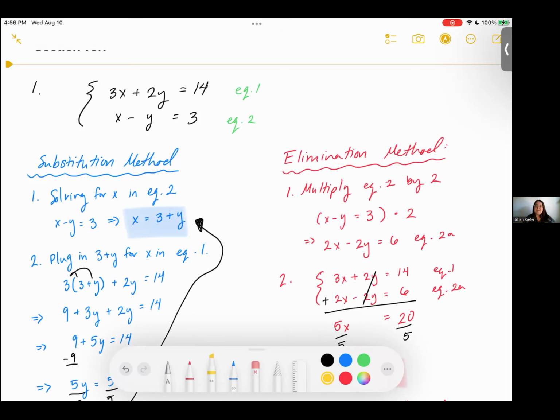The more practice you get, you'll end up figuring out which one you like more. Personally, I choose the elimination method, but I've used it a million times. So that's why I typically like it more. But when I started out, I preferred the substitution method because it was always the same steps. So it's really up to you on which one you'll end up liking better, but that is the rule of thumb for deciding which one you want to go with.